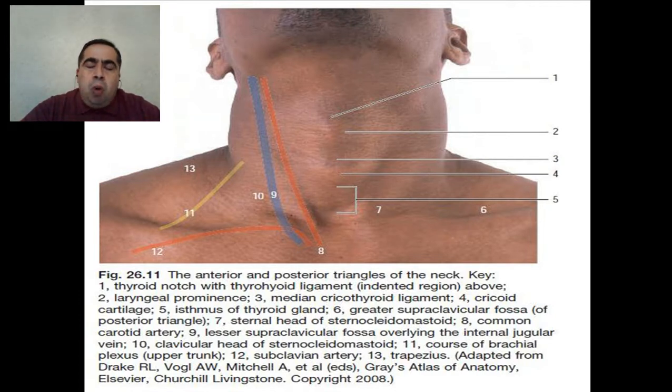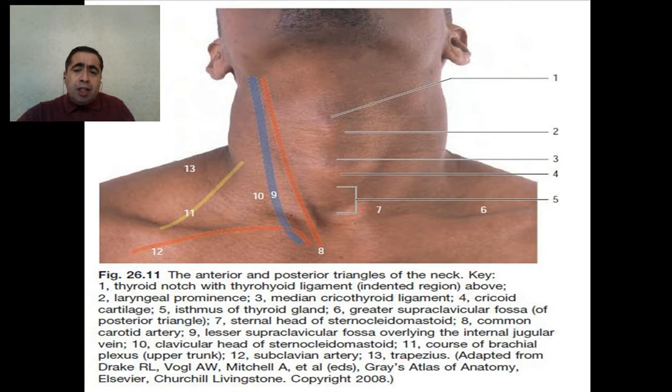I mean in both sides, the superior part of this artery is projected by the midpoint of the line which connects the angulus mandibulae with the tip of the mastoid process. But the inferior part of this artery at the left side is projected onto the point which is located between the two heads of the sternocleidomastoid muscle.